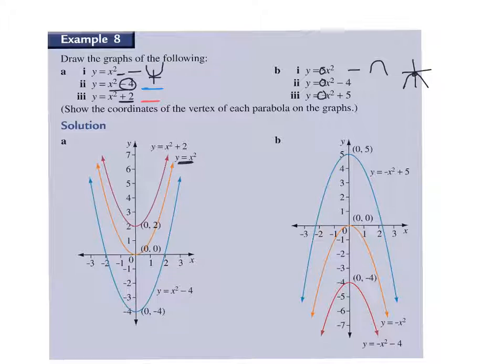You've got no choice: it has no number in front of the x and has no number after the x squared. Whereas when we go to do the minus 4, it means it's concave down but crosses at minus 4, hence it being the red graph. And then the next one at plus 5 means it crosses at plus 5, so therefore it's going to be the blue graph.